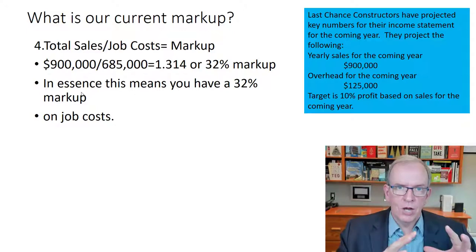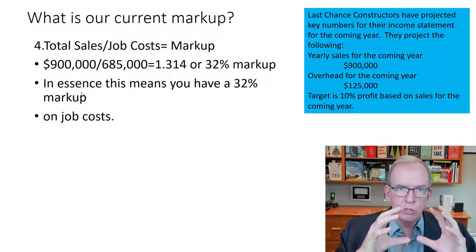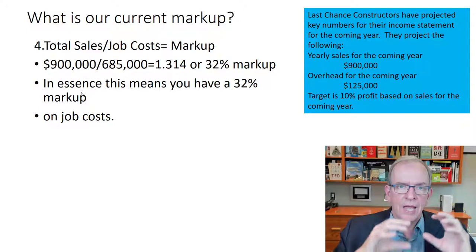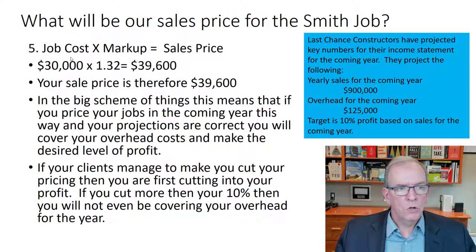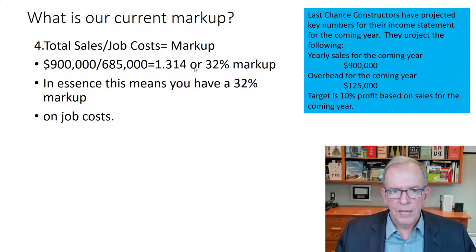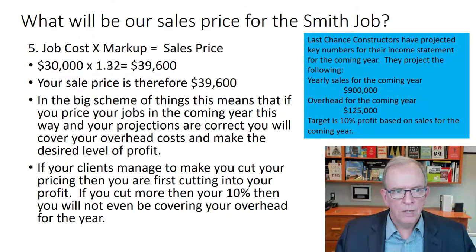Or you take your job costs, figure out what 32% of that is, and add that to the job costs. Either way works, but job costs times markup is usually easiest. Just take that number and plug it in. 1.32 times 30,000 is 39,600. That's a big difference from $30,000.